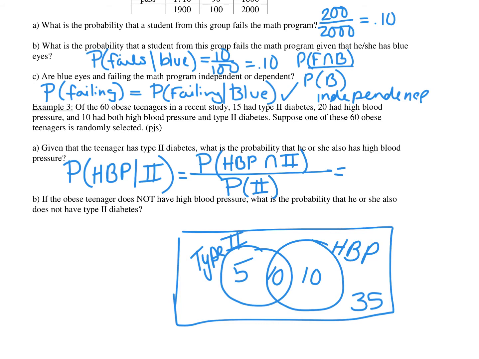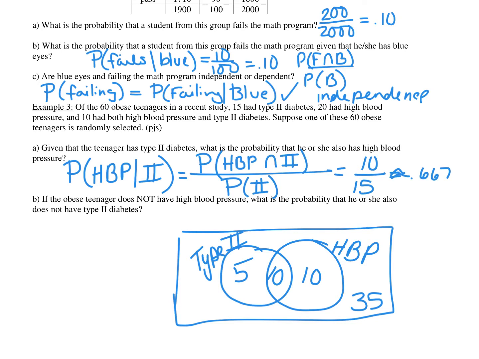Okay, so if I just find these raw counts, my raw counts would be, let's see, 10 is the intersection out of 15, and if I change that to decimal, it's approximately 0.667.